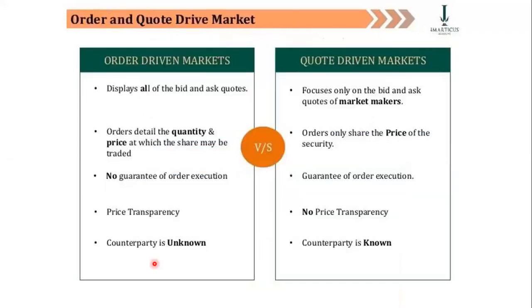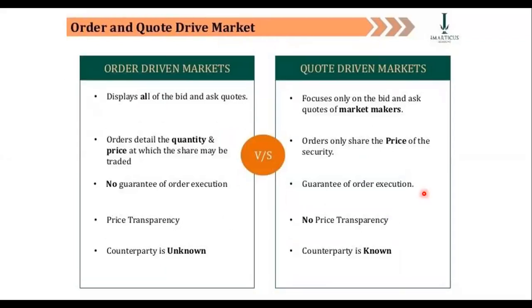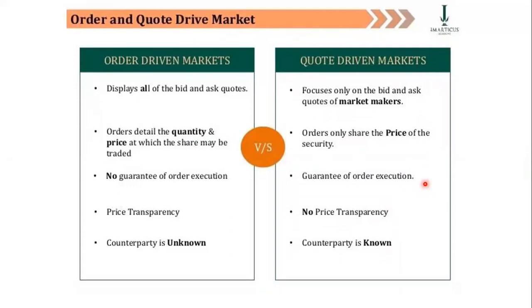So now let's compare the order-driven market and quote-driven market. The order-driven market displays all the bid and ask quotes, while the quote-driven market focuses only on the bid and ask quotes of the market.